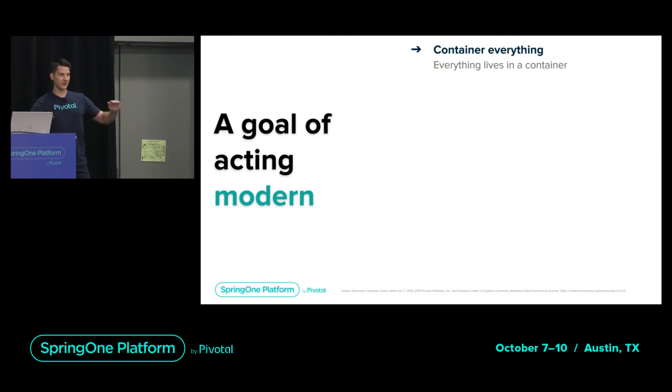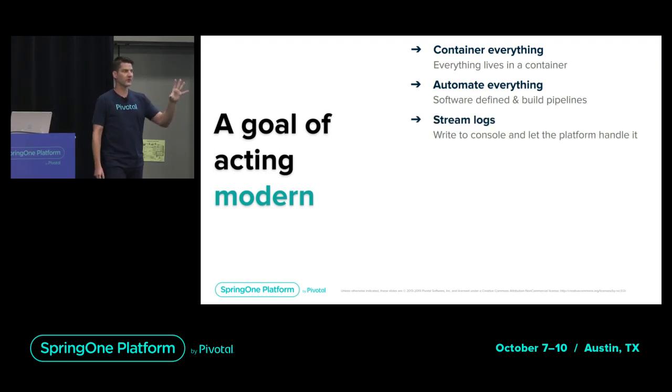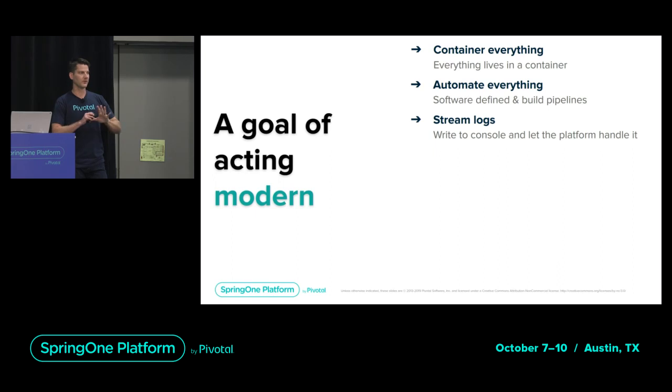Everything that we could possibly put in a container somehow goes to a container here. That is just a modern way of thinking about architecture. Automate everything. We want absolutely everything possible to be automated or somehow scriptable in a pipeline. No manual acts here, no sending your files over the wall to some directory where someone else copies it to this other place, and all those terrible things. Automate everything all the way to production.